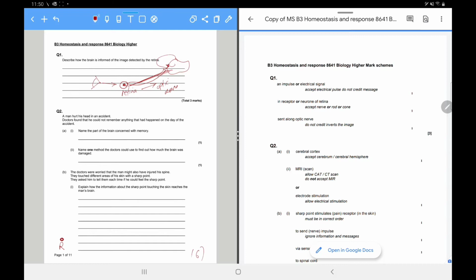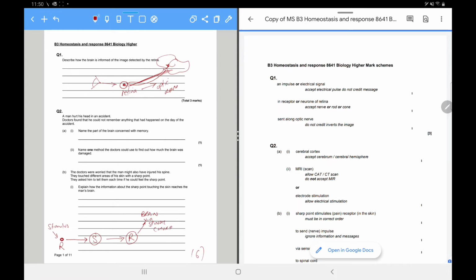So if you remember our basic nervous system arrangement, we've got a receptor which picks up a stimulus. Okay, it then transfers that into an electrical signal, which goes to a sensory neuron, and then it will go to a relay neuron, and that will probably go up to the brain, if it's a conscious decision, via the spinal cord.